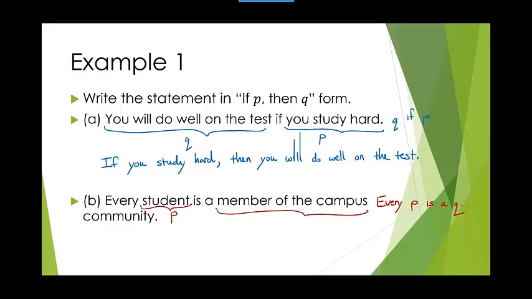And then basically the rest of the sentence, being a member of the campus community, that's your Q. So if you write that in if P then Q form, then you'll get if you are a student, then you are a member of the campus community.